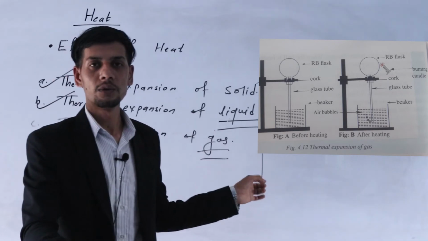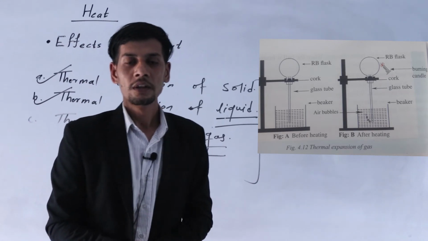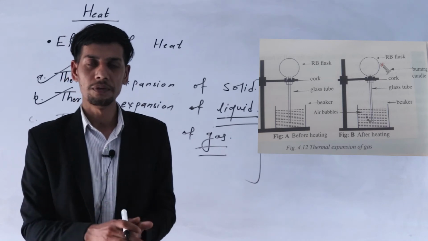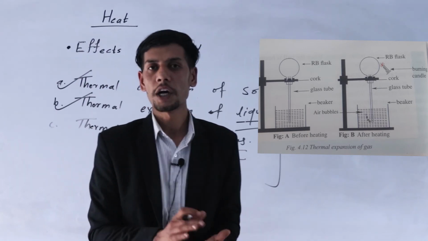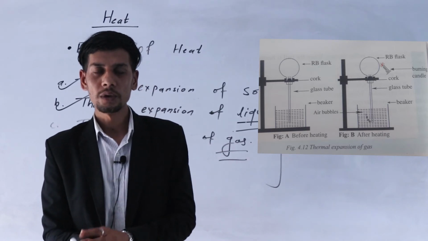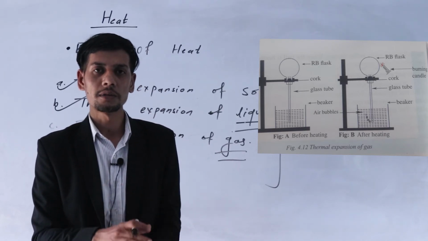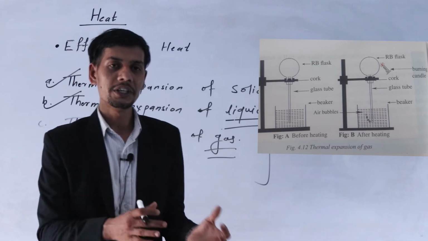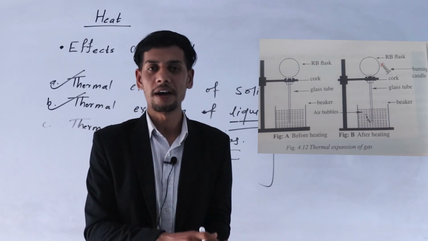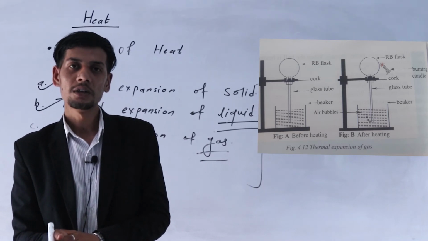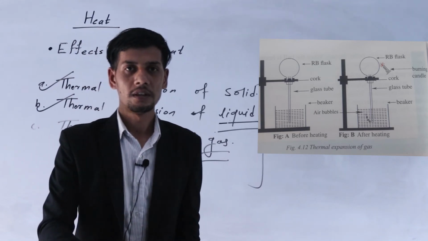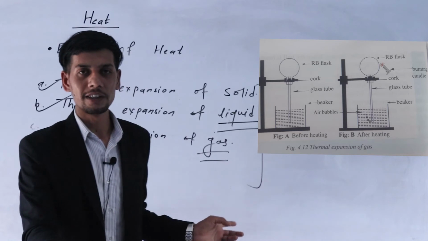And can you tell why this happened? This happened because of expansion of air inside the round bottom flask. When we heated the round bottom flask, the air inside it expanded and we can see some bubbles inside the water.